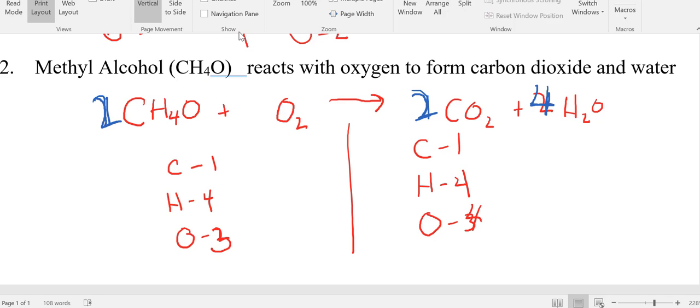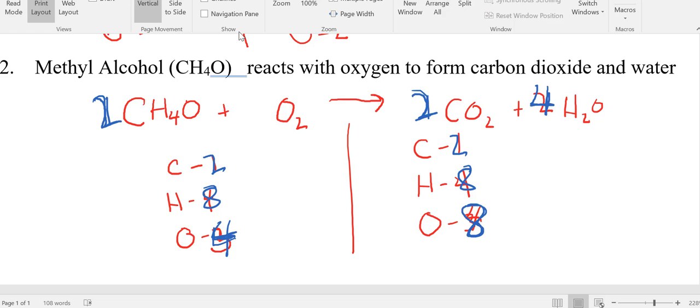Now that's going to help it because notice what that did. It doubles the carbons, it doubles the hydrogens. But what it does to the oxygen, now we have 2 oxygens and 2. It's up to 4 on this side. And here I have 4 oxygens and 4. I'm up to 8 on this side. 4 and 4 is 8.